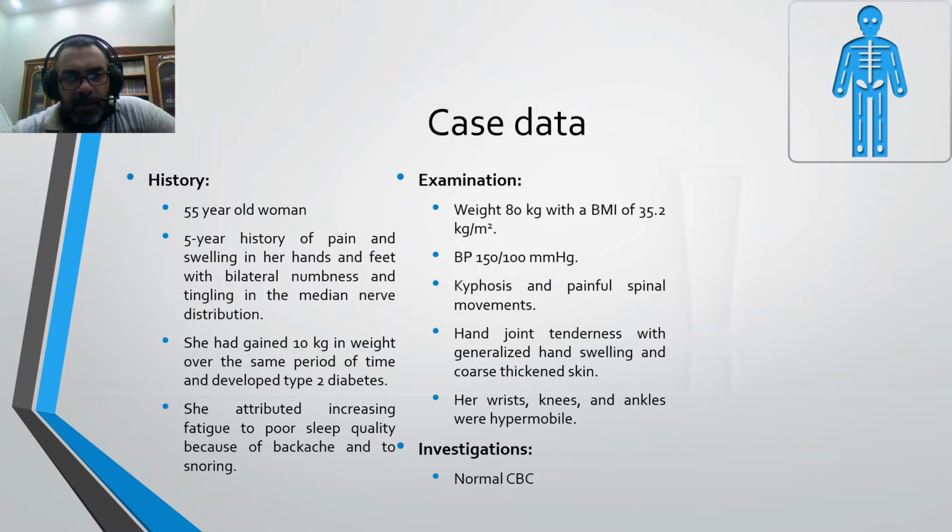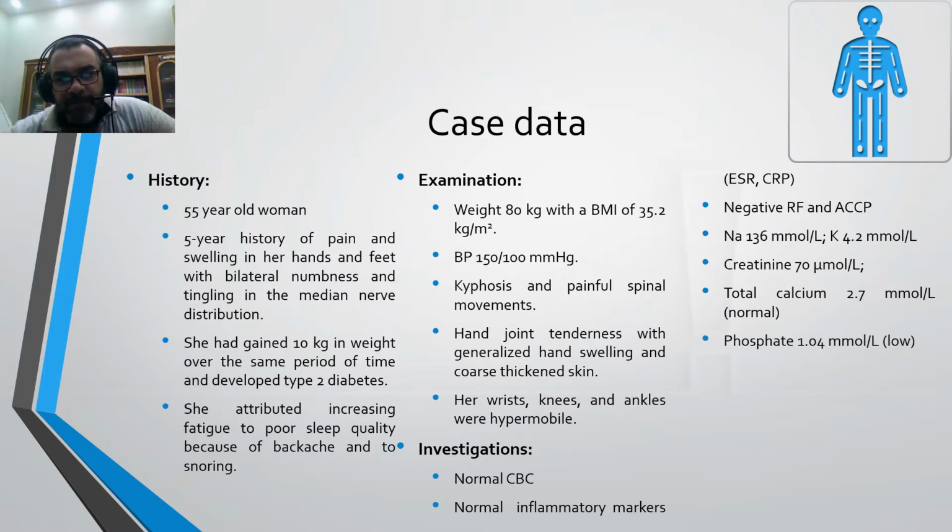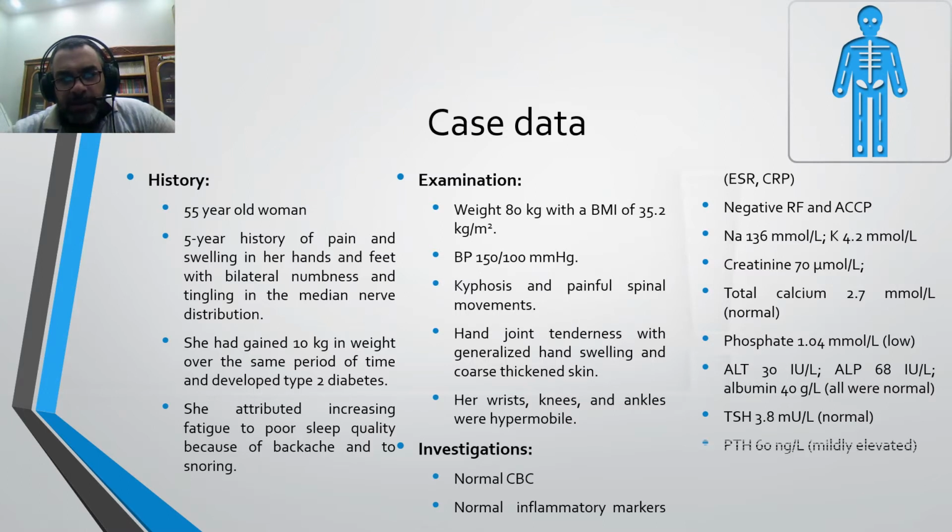Investigations showed normal CBC, normal inflammatory markers, ESR and CRP, negative rheumatoid factor and anti-CCP, normal sodium and potassium, creatinine within normal, total calcium mildly elevated at 2.7 millimole per liter, phosphate lower than normal, ALT, alkaline phosphatase and albumin all within normal range, TSH normal, parathormone mildly elevated.